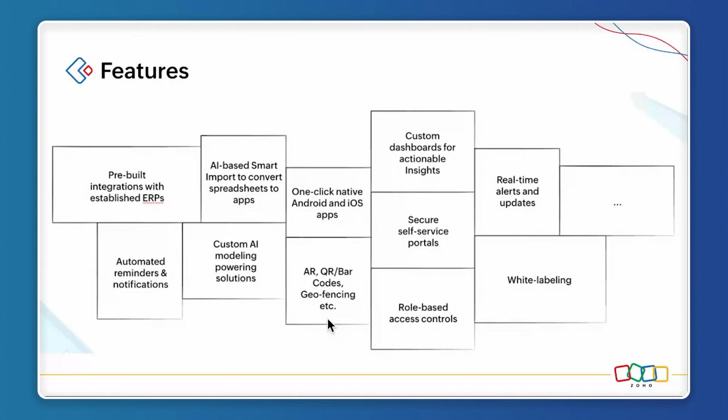And if required, we can create AR, QR or barcodes, geofencing, and we have even created different custom dashboards to get a detailed understanding of all the processes. And we will also be getting real-time alerts and updates, role-based access control, white labeling. So there are different features that we have used to build this particular manufacturing ERP, right?